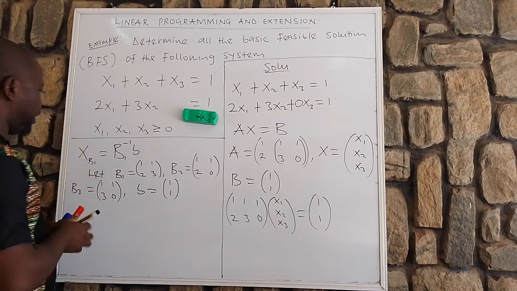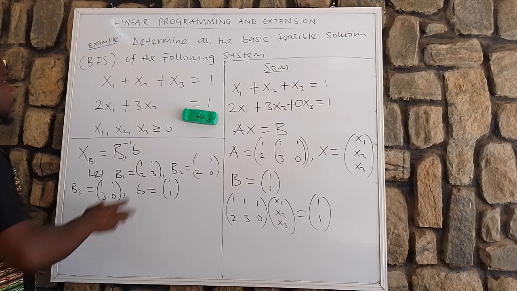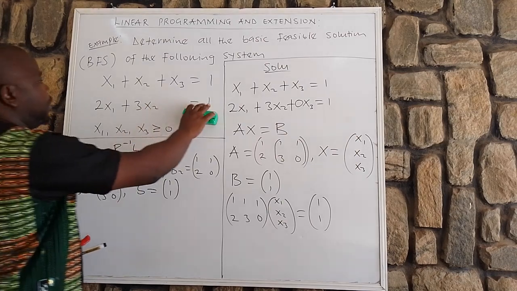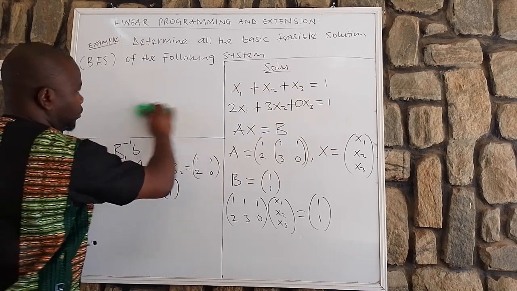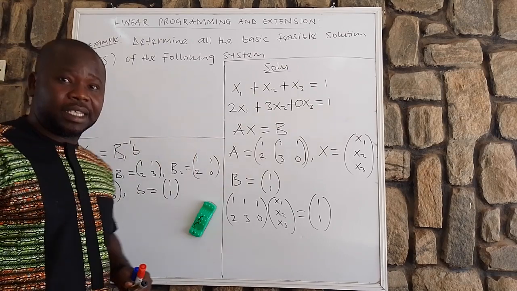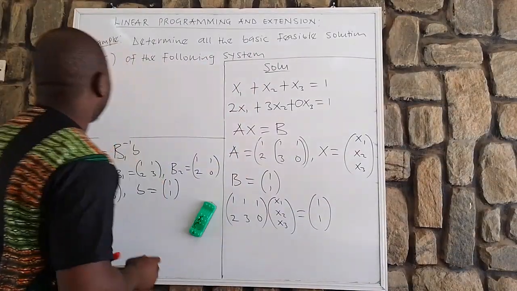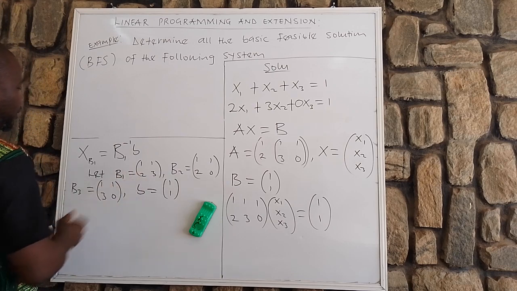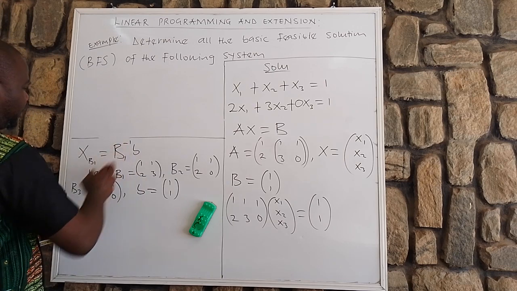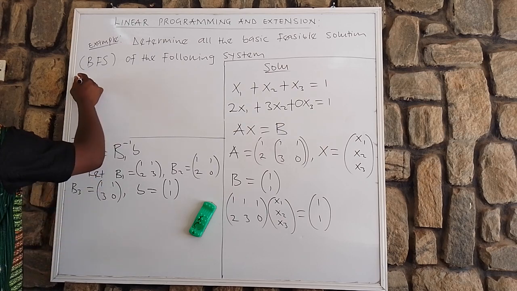Let's go back, since this is now a 2 by 2 matrix. So let me clean this up. So since this is a 2 by 2 matrix, for us to obtain our B1 inverse, we now apply this.